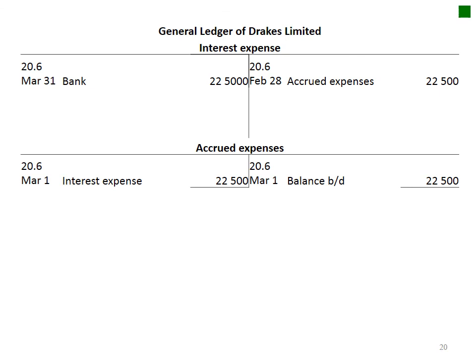The next entry then is that when we make the payment, sorry, there's a mistake here, it should only be 10. When we make the payment, the 22,500 Rand is going to be credited to bank and debited to interest expense. So we now have no amount left on the interest expense account.